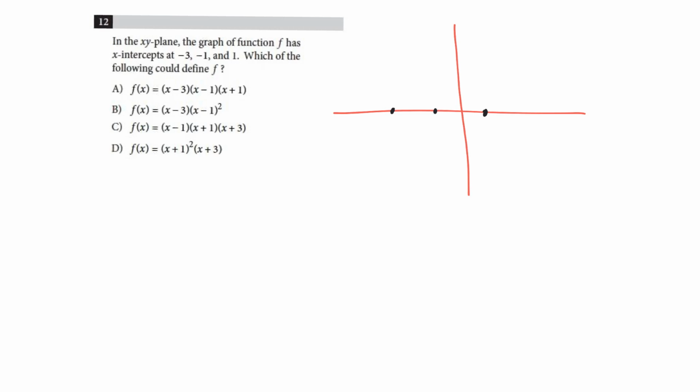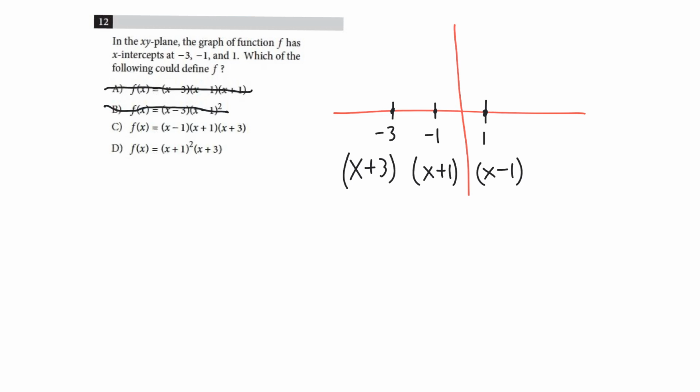So what are the factors associated with these intercepts? This is -3. That's going to have a factor of x plus 3. -1 is going to have a factor of x plus 1, and +1 would have a factor of x minus 1. So these 3 factors have to show up in our polynomial, and we see that they don't show up here. This one has x minus 3, that's not x plus 3, and down here we don't have an x minus 1. So C is going to be our answer.